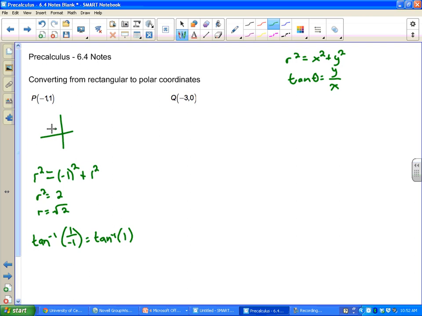That's going to happen at 3 pi over 4, because the only way I can get tangent to be 1 is if my x and my y values are the same, or they could be opposite signs from each other, which is the case in this one. Sorry, that should have been -1. But theta is 3 pi over 4, so this is the point square root of 2 comma 3 pi over 4.